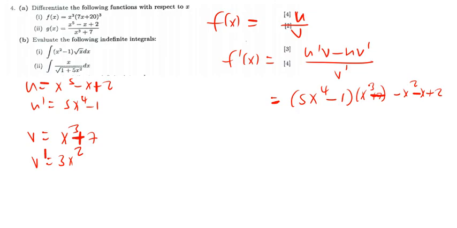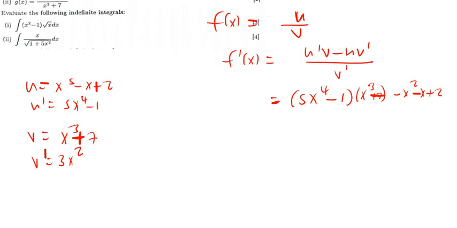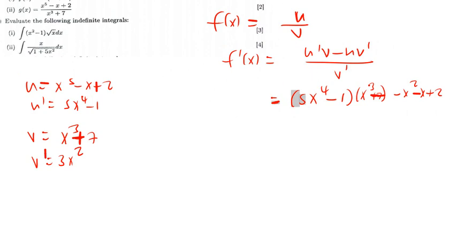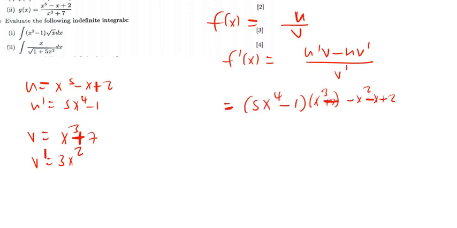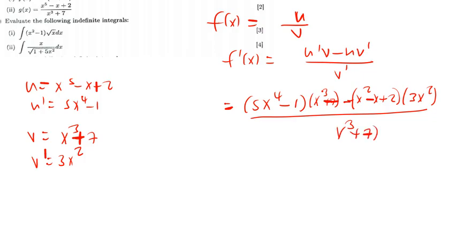I don't have enough space, I'll shift this one to this side. So I put them in brackets. Then what is my v prime? My v prime is 3x squared, divided by v squared, which is just x to the power 3 plus 7 raised to the power 2. That's my answer.